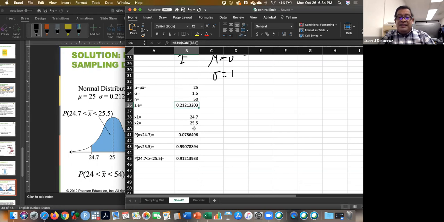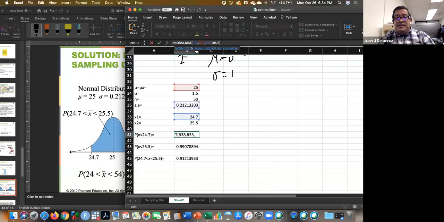So remember that here we are computing the area under the curve that is to the left of 24.7, which is the first point, and the second is going to be 25.5. So we computed those values, and we used the normal distribution function that is asking me for the x.